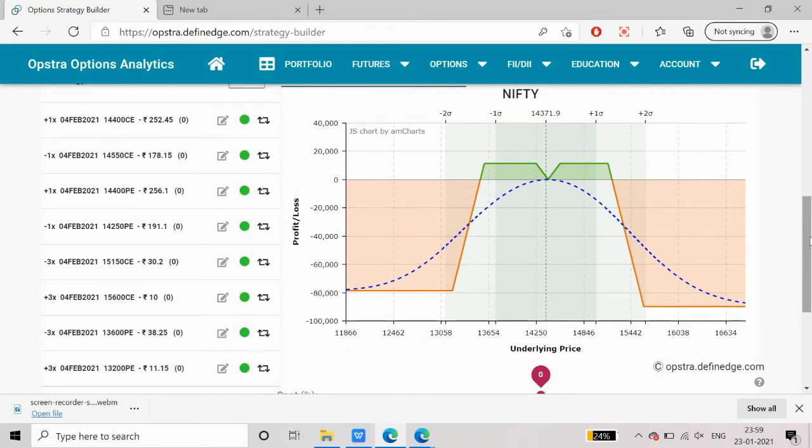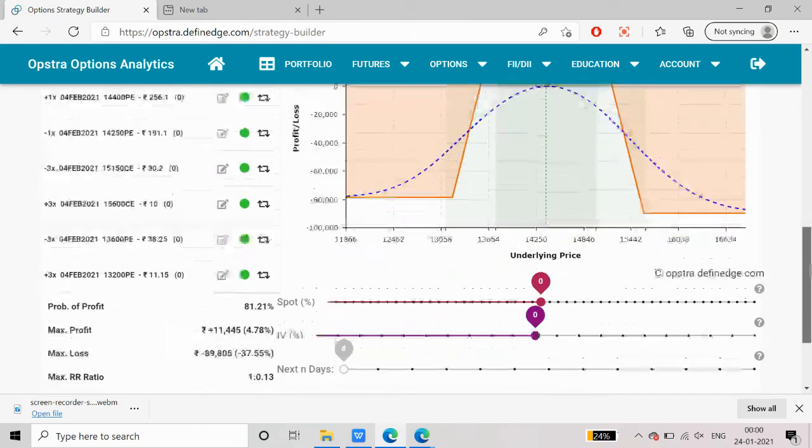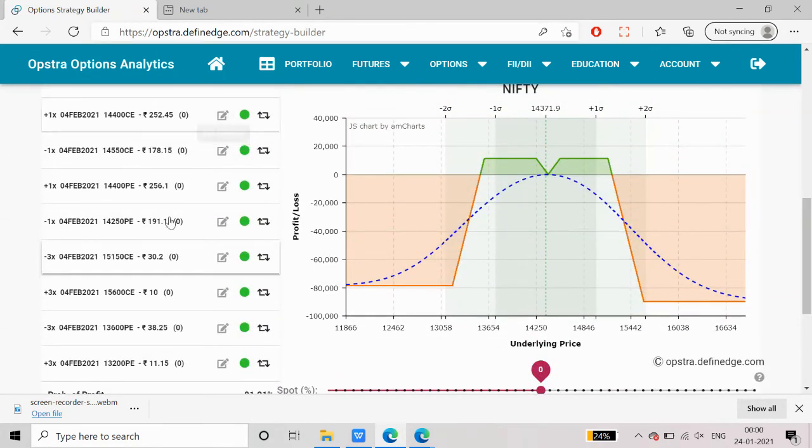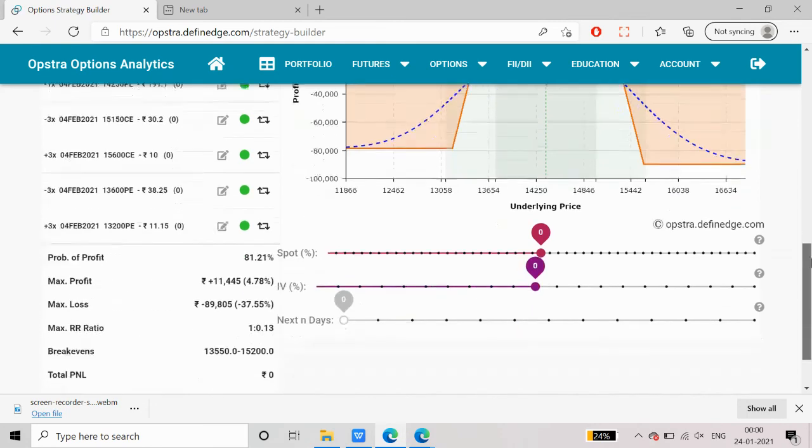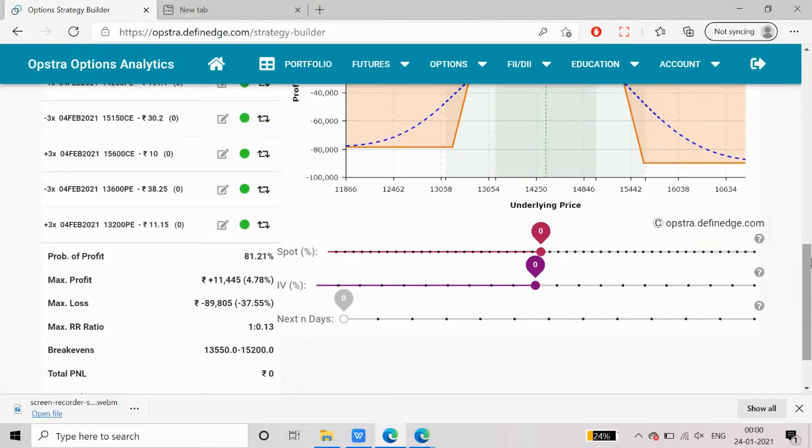Why I like this trade better than an Iron Condor trade is, an Iron Condor is nothing but, you take off the debit spreads and then you get an Iron Condor. Why I like this trade slightly better than Iron Condor is, one, it gives a slightly higher profit. Second, the probability of profit is slightly better than Iron Condor with wider break-evens.